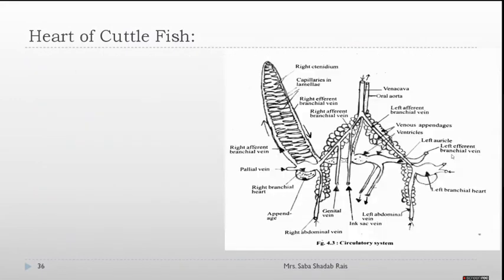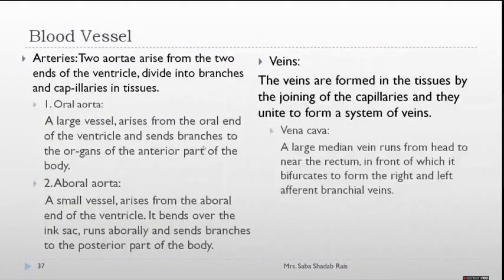This way you will have to remember. So oral, right. It is coming from which side? It is coming from the right lobe of the ventricle. Now, as we know, right and oral, that means it will give blood to the oral part. That means whatever anterior parts are there, head, arms, and all.